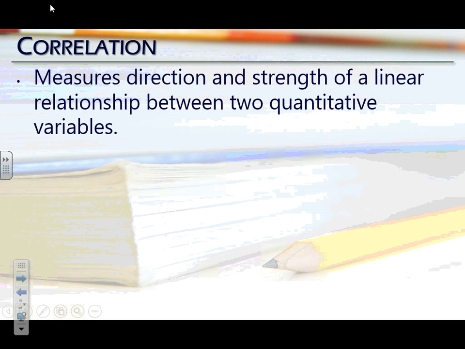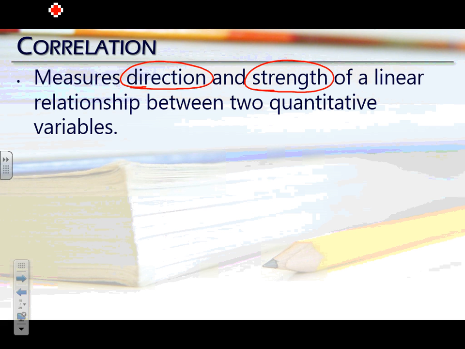So some key pieces here that you might want to highlight or underline in your notes. The first thing, it measures two pieces of information. It measures the direction. If you calculate correlation and it's positive, that means your association is positive.